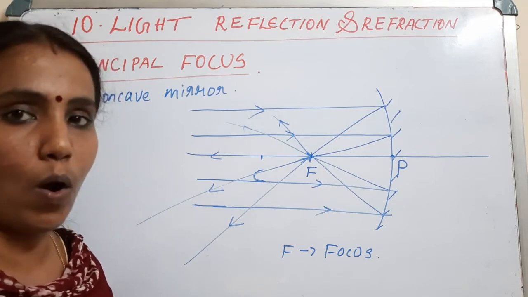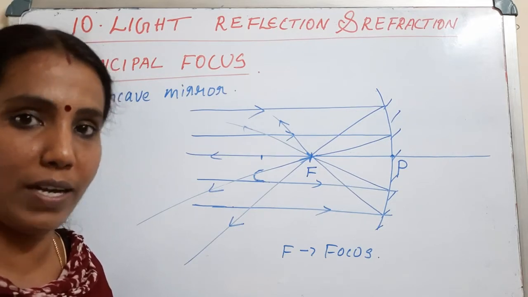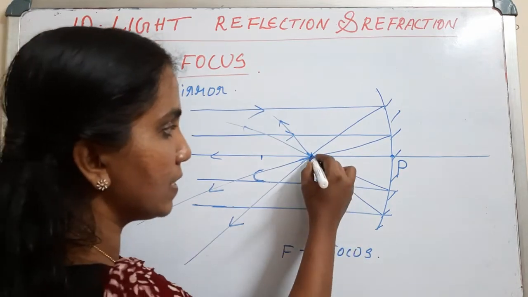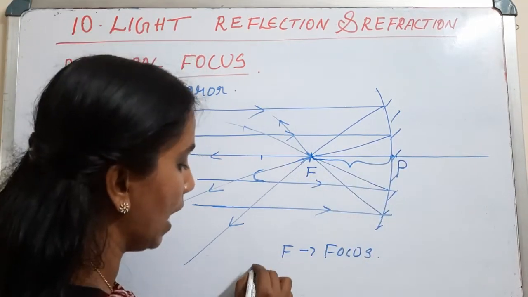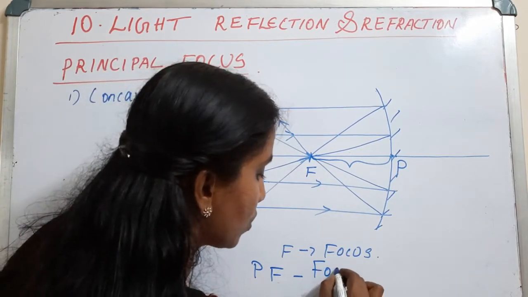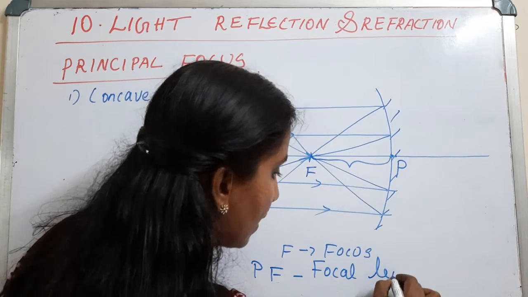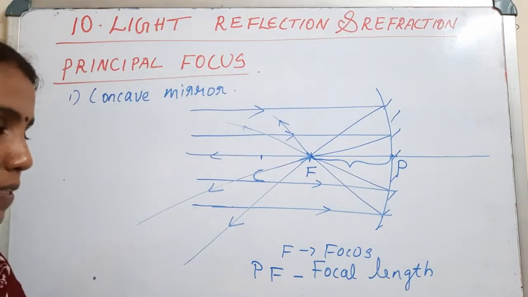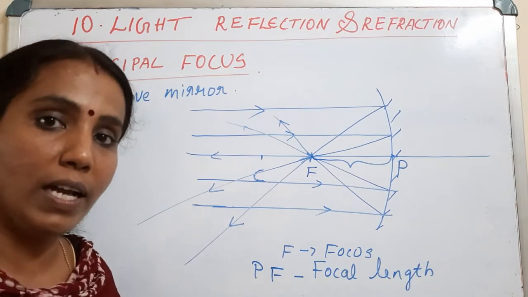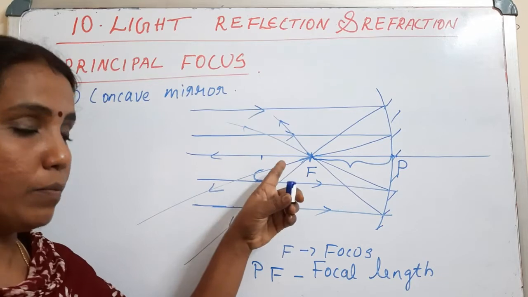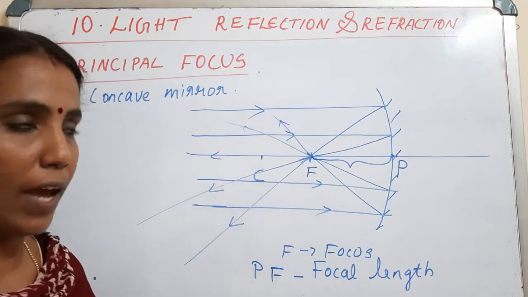That point is called the principal focus, and the distance PF from the pole to the focus is called focal length. So the distance between the pole and focus is known as focal length. So that is about the principal focus of concave mirror.